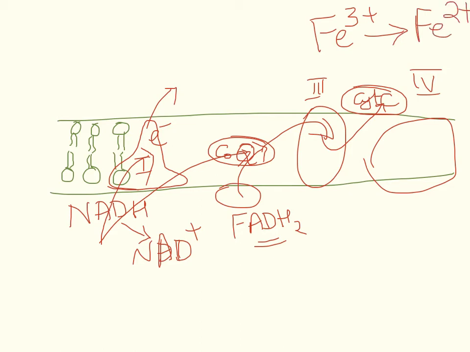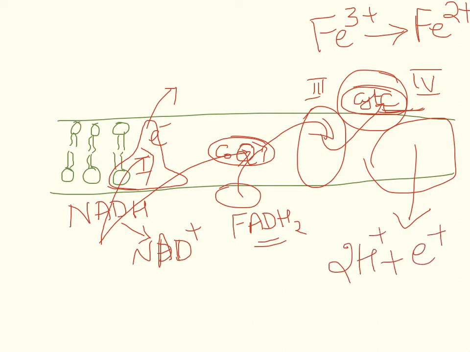So this is a very important series of enzymes known as cytochrome C. Okay, and then from the cytochrome C, 4 electrons combine with hydrogen ions and oxygen to form water in complex 4.